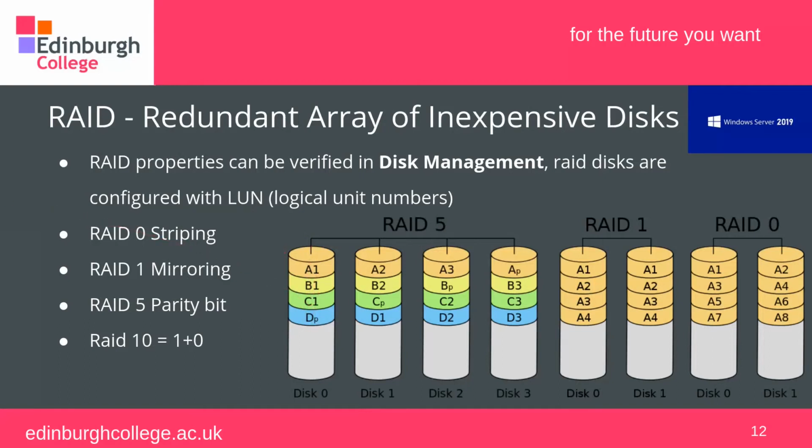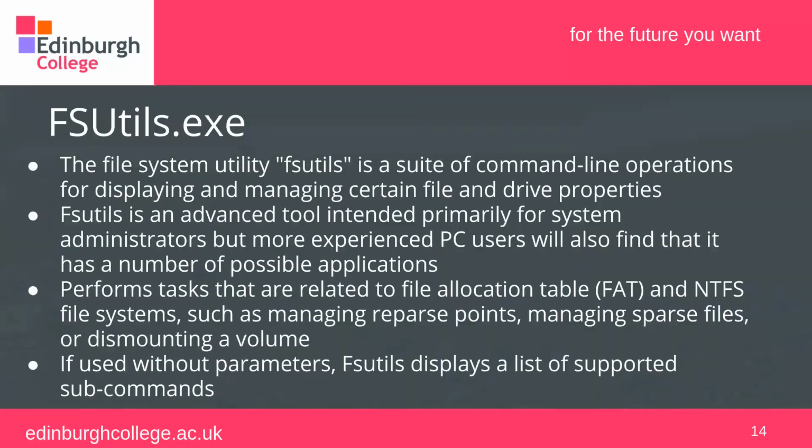Okay, so finally on this file class, some useful tools. So something we're going to use in the lab today, FSutils. FSutils is a tool built into Windows that lets us do various different command line operations that let us display and manage file and drive properties.